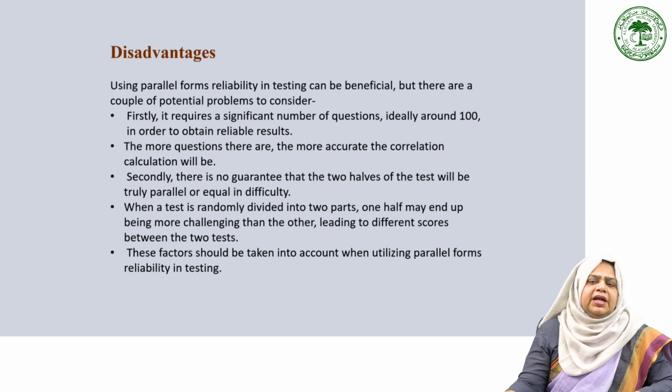Even if we split a test into two halves randomly, there is no guarantee that these halves will be equal in difficulty. This means that the scores obtained from each half could differ simply because one half happens to be more challenging than the other.